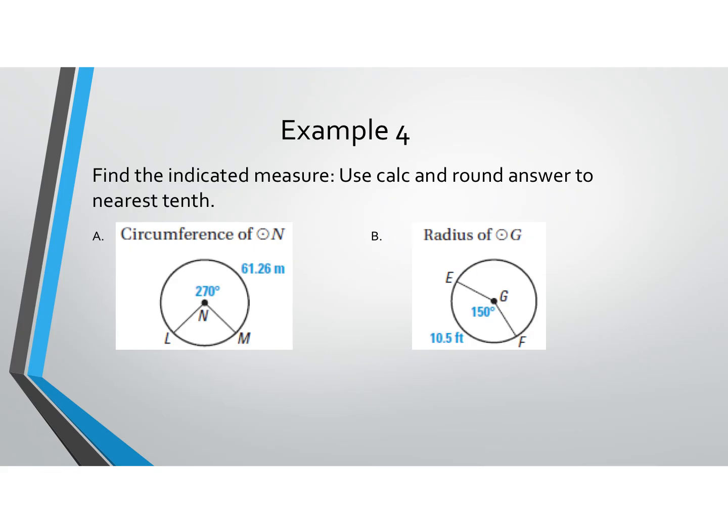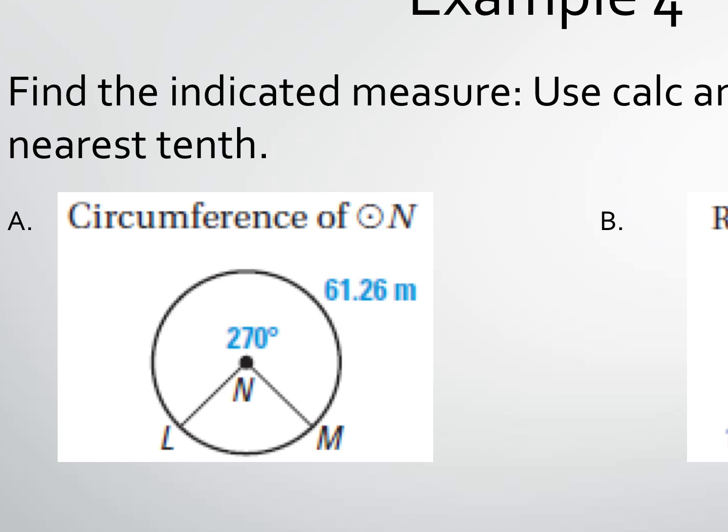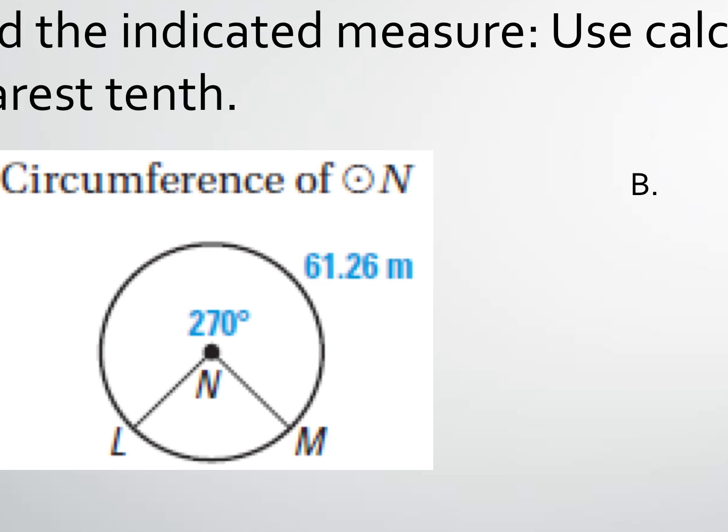All right, looking at this one, same thing. Find the indicated measure. Use a calculator, round your answer to the nearest tenths. So looking at what they're giving me, what am I going to use to solve for this? Hopefully we kind of know what we're doing. I'm going to use my arc length equals the measure of the arc over 360 times what?